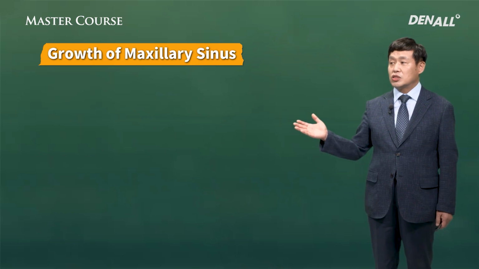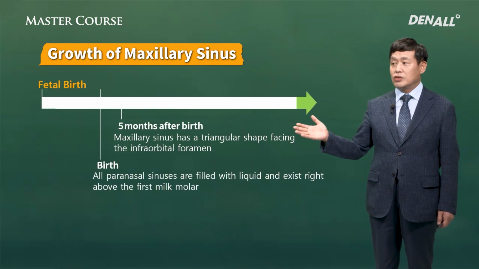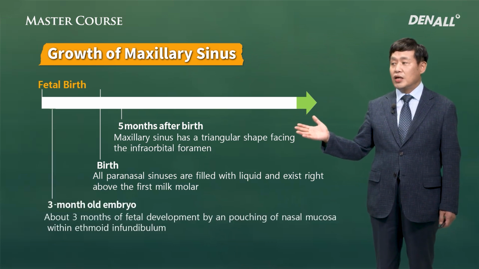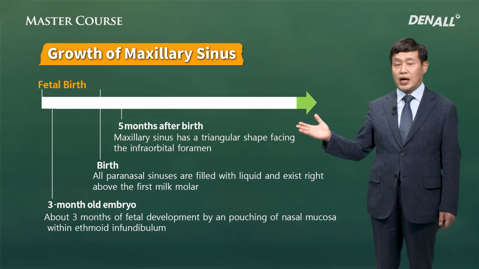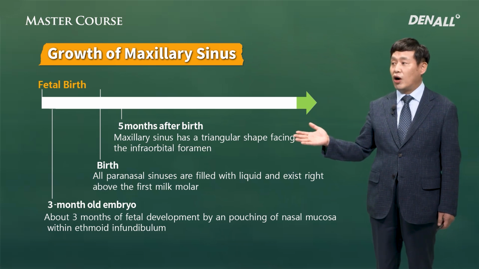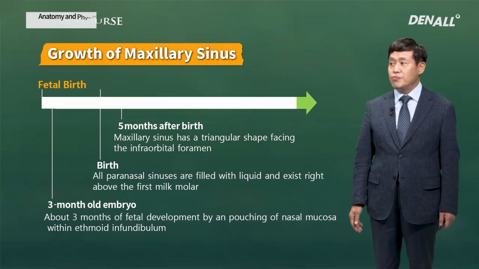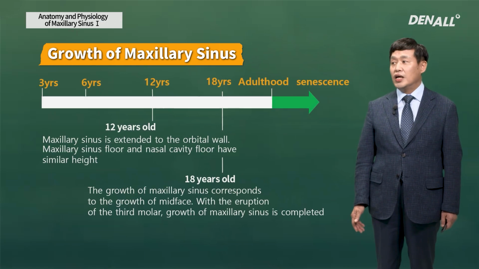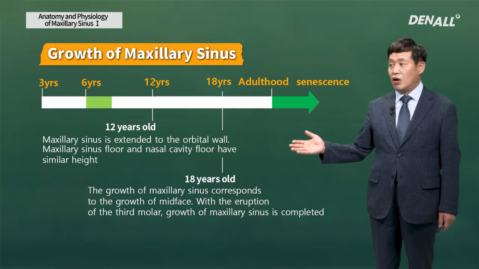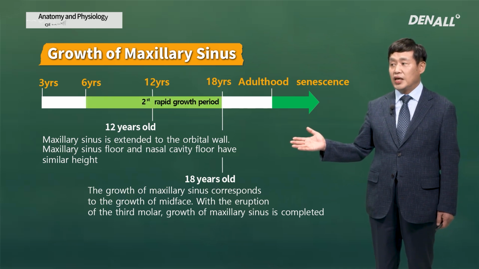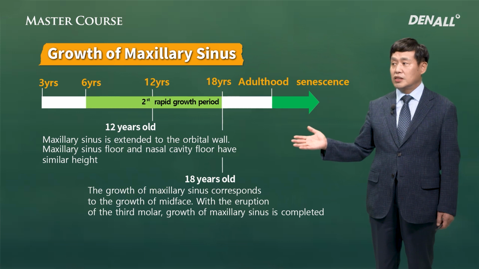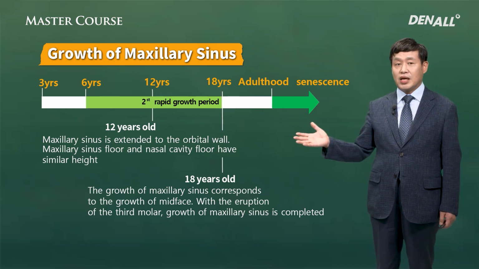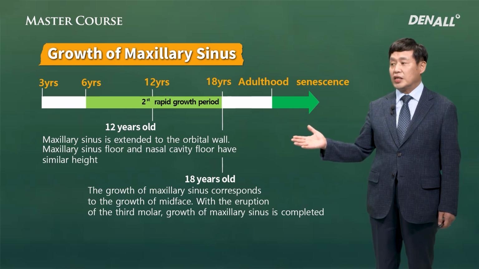Let's look at the growth of maxillary sinus in general. In terms of the embryo, at about 3 months of fetal development, it forms by unpouching of nasal mucosa. From birth to 3 years old, they have the first rapid growth period, followed by the second rapid growth period at about 6 years of age to 18. The maxillary sinus floor and nasal cavity floor have a similar height.